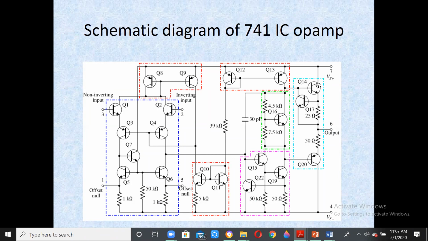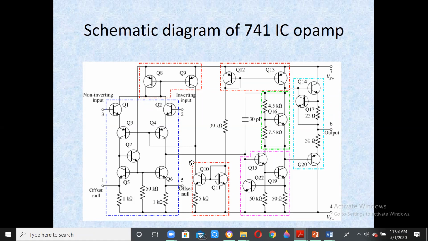Here, this and this might form the push-pull amplifier, because you have the complementary MOSFETs over here, and the dual input amplifier will be over here, non-inverting input here, inverting input here, right?